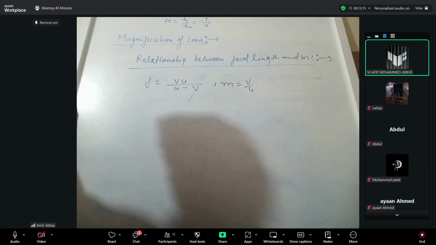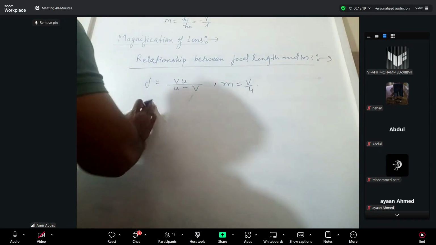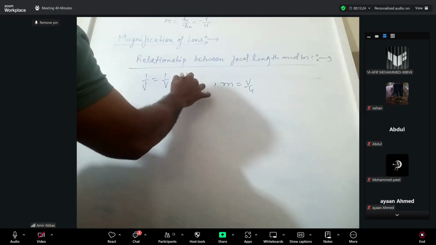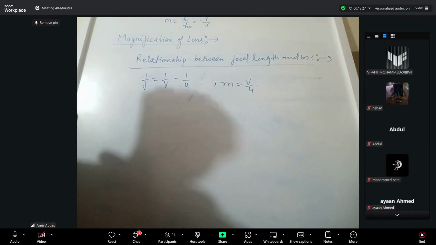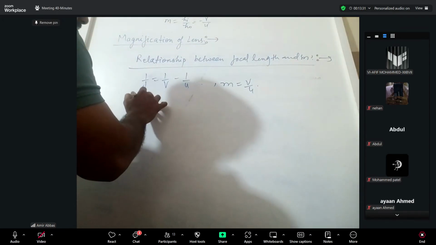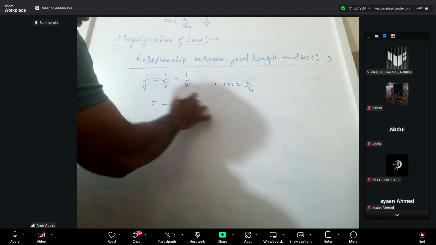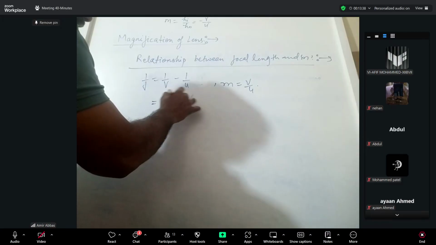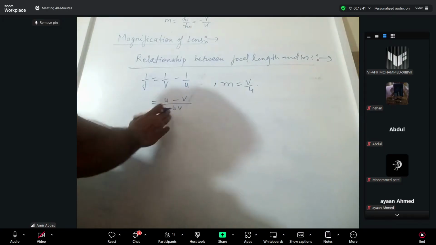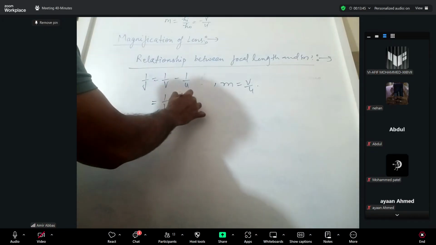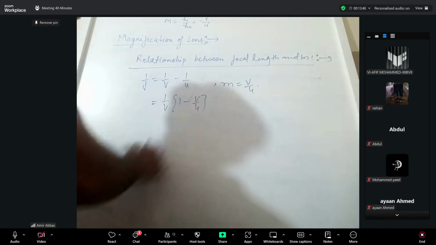Initially, the formula was for focal length, this was the formula. We take the LCM. What the LCM will come out to be, let us say, UV. Or we just take common 1 by V from here. 1 by V we take common, what will remain? 1 minus V over U.